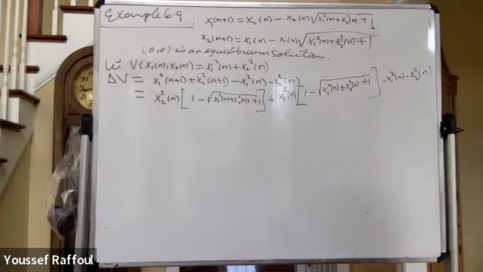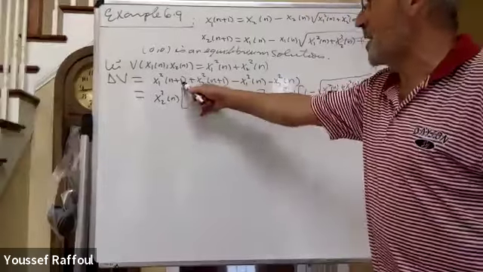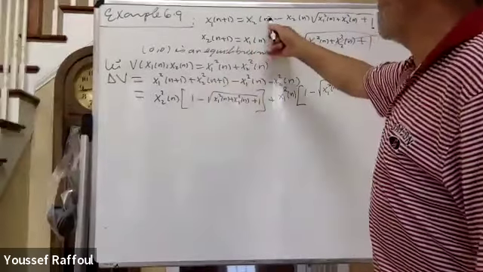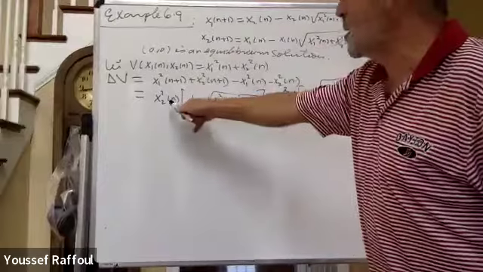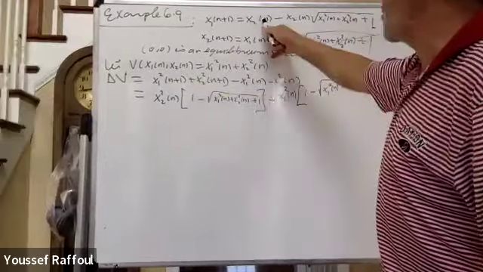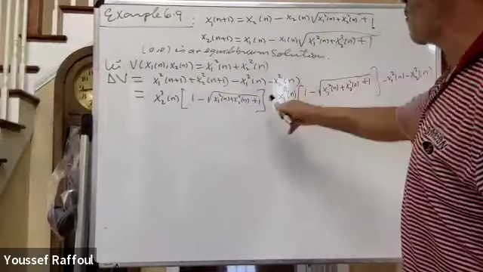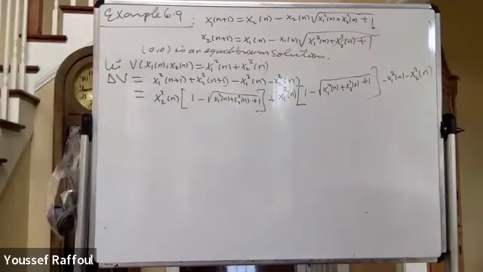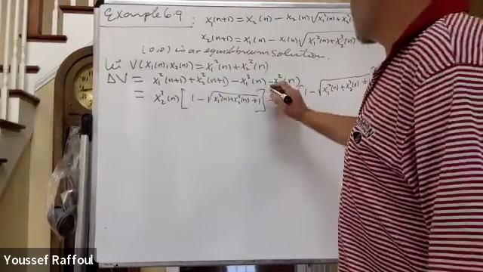See what I did? I replaced x1 of n plus 1 squared, but immediately I factored x2. This became x2 squared, and then you are left with 1 minus the square root of that, squared. Yes, squared.